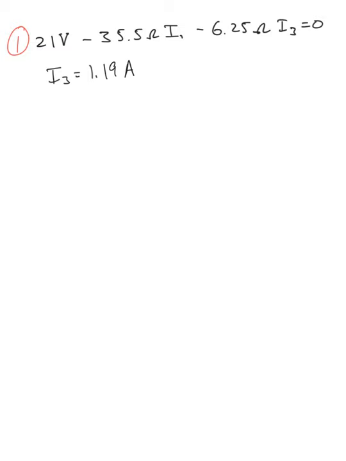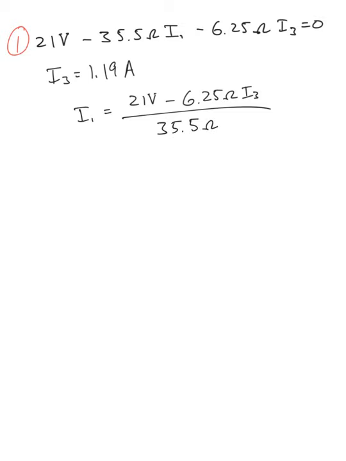So here we have I1, or the loop 1 voltage equation, where we now know I3, so we can solve for I1. So I1 is going to equal 21 volts minus 6.25 ohms multiplied by I3, divided by 35.5 ohms.